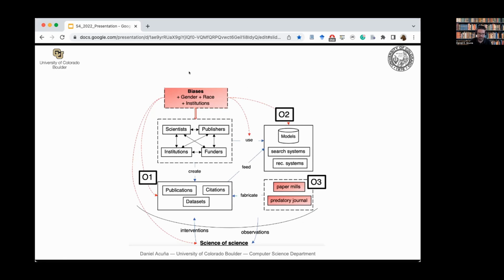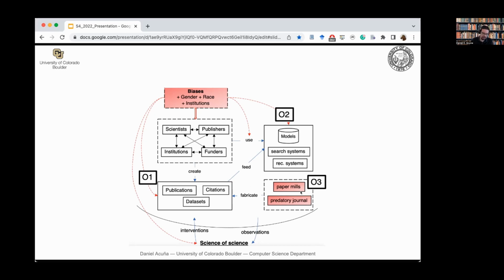But we have potential biases that are influencing many of these things. Gender biases, race biases, as we saw from Aaron's and Dan's presentation on Monday. We also have prestige biases and socioeconomic issues that are influencing all the aspects of science. So we have to be careful.